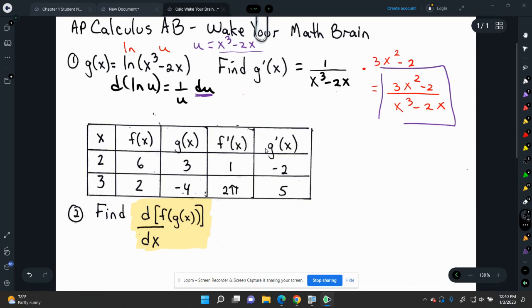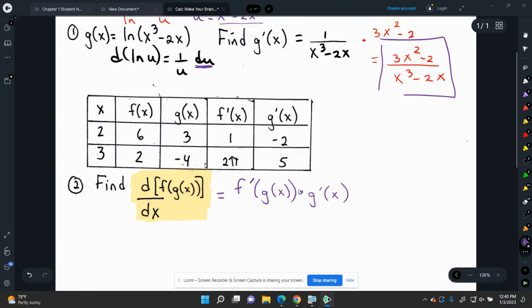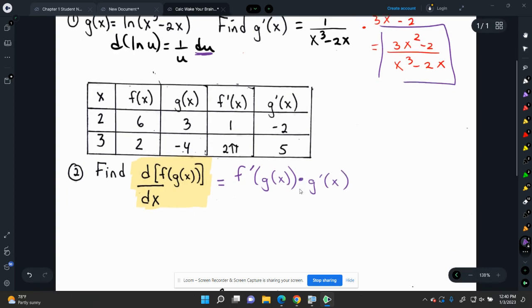So we have to recognize that this is chain rule, which is outside inside. The outside would be f prime of g of x. That's the outside. The inside is g prime of x. I would be surprised if we did not see some of this on your exam in the form of multiple choice.